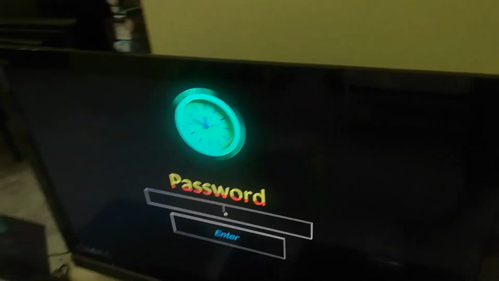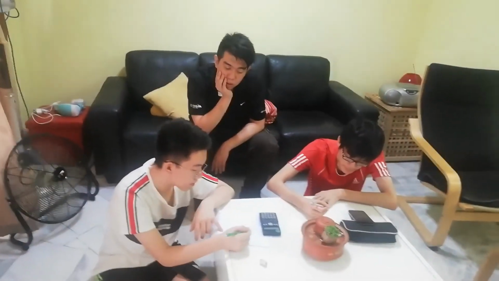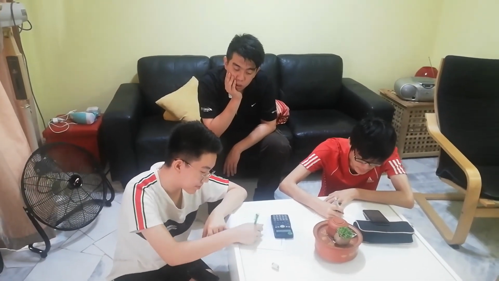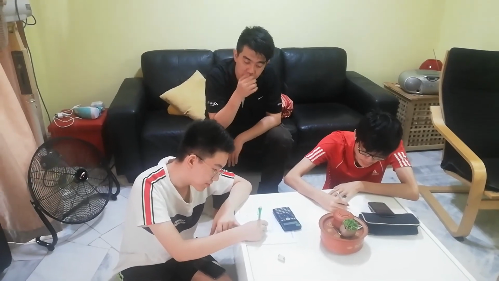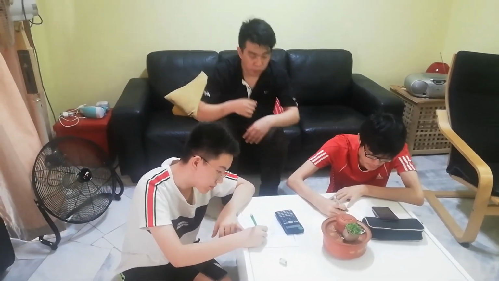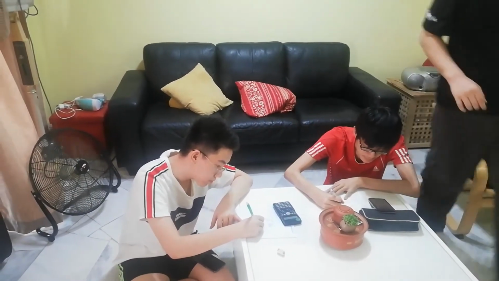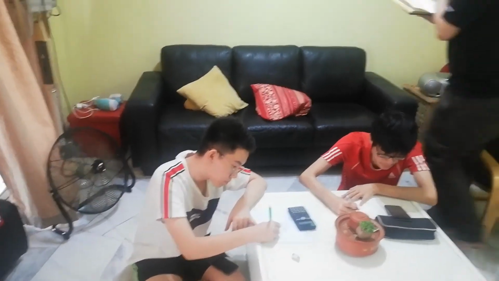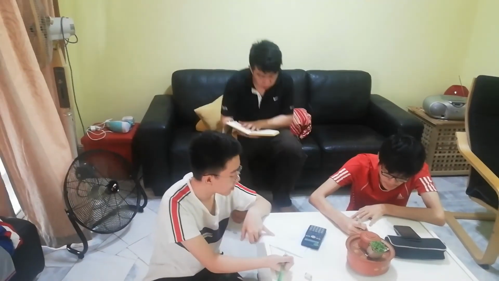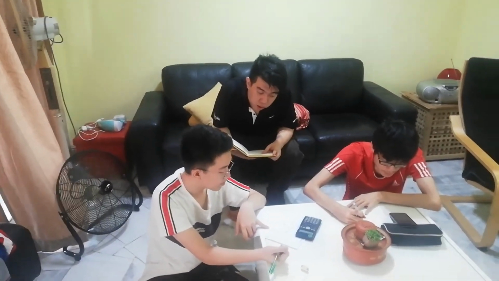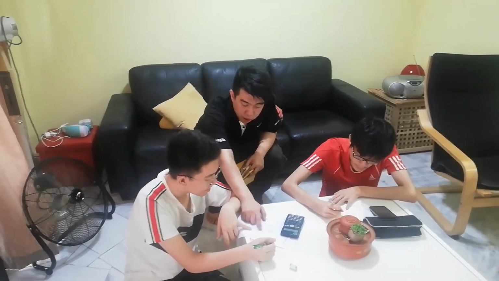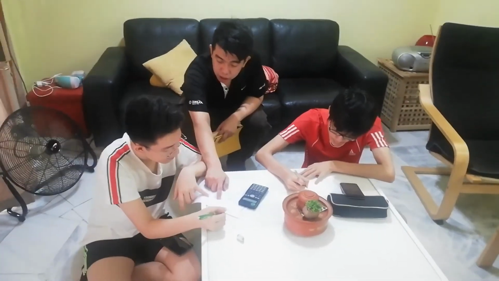Okay, what can you do now? Can you see the center? 12, 3, 2, 6. No, it's the same. You see here? 2 and 6, you can factor out what? 2.